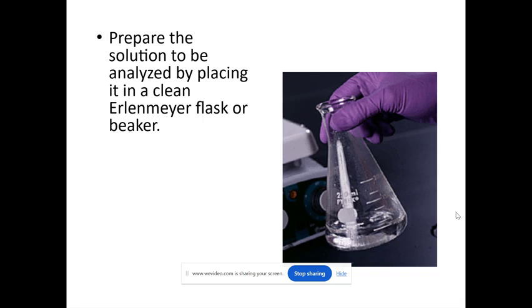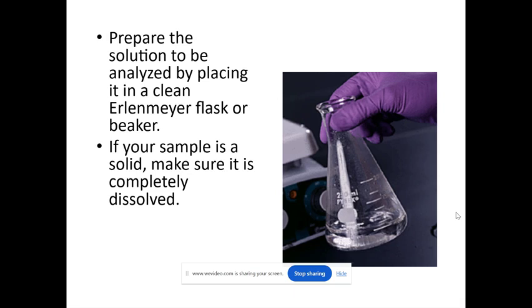So we want to measure the volume we're putting in, and put it into the flask or the beaker. And I will be giving you a solution so you won't need to worry about it being solid. But let's say you're doing this on your own in a lab, you would need to make sure your solid is completely dissolved. You don't want to see little bits of stuff floating around.